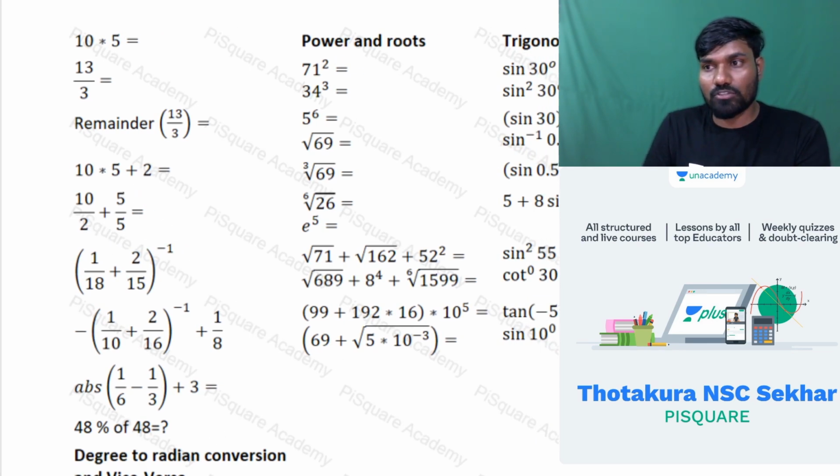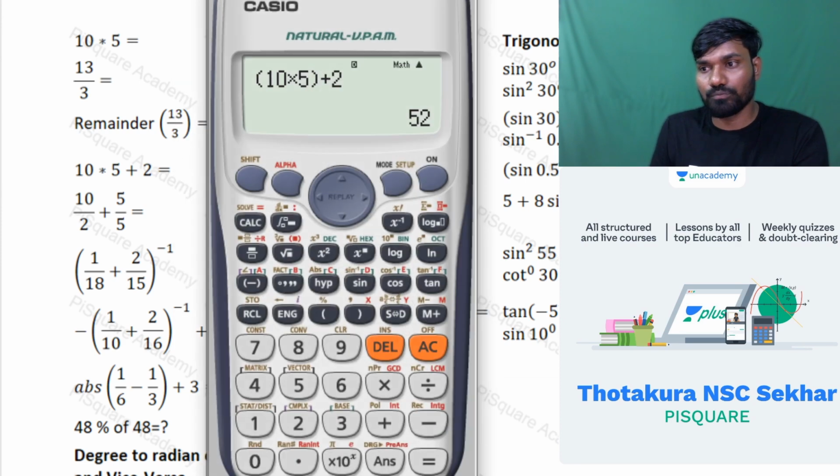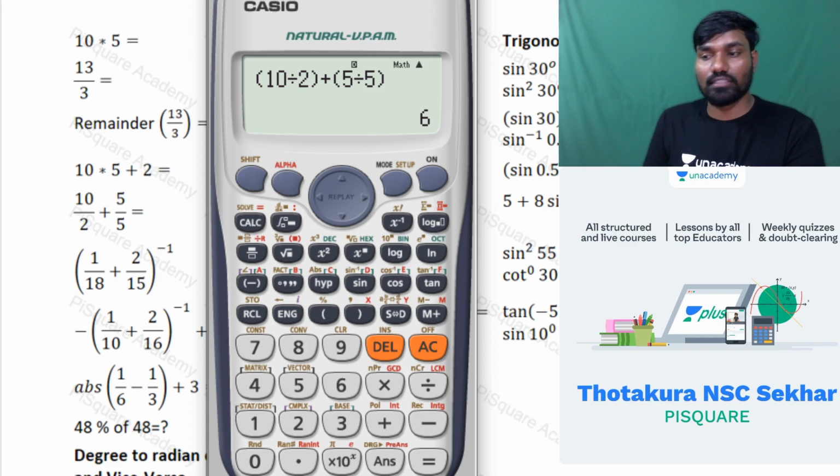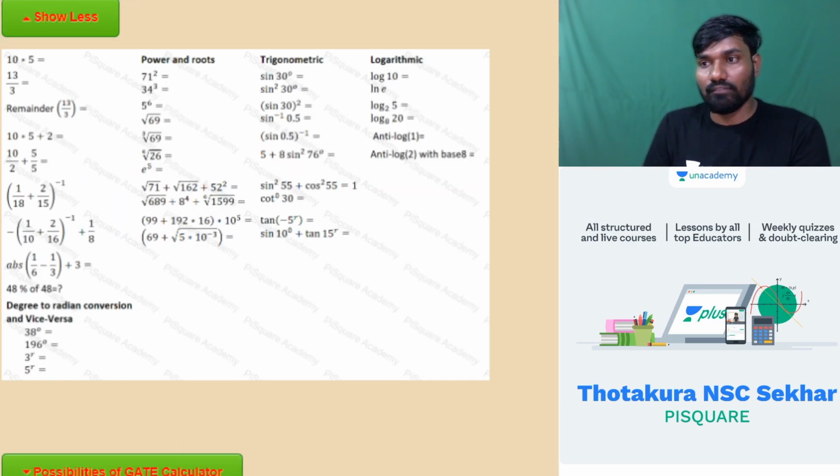You want to perform this operation. For that, 10 by 2, open the bracket. Brackets always help. 10 by 2 plus 5 by 5. That's the result. You got 6. Let's now check with this calculator.